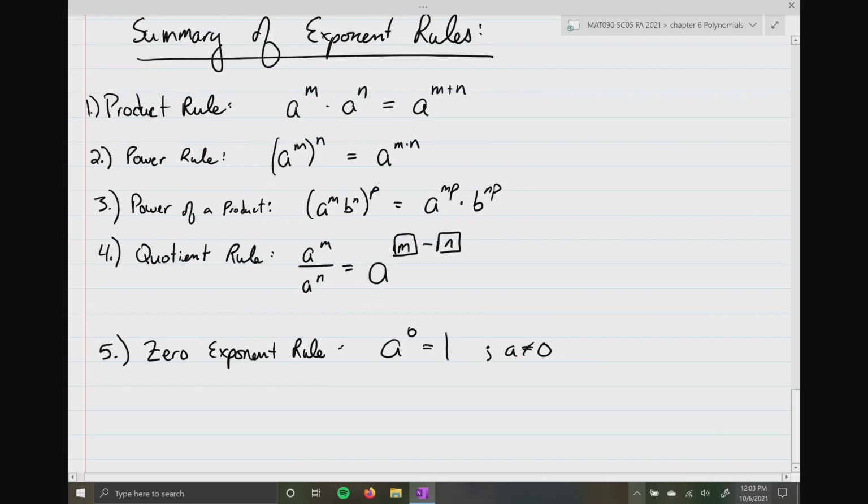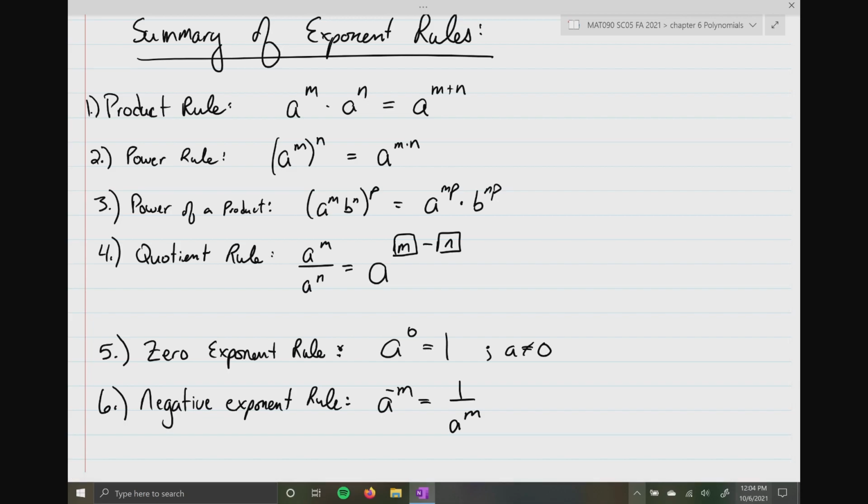And then our last rule is going to be the negative exponent rule. And that is a to the negative m equals 1 over a to the positive m.